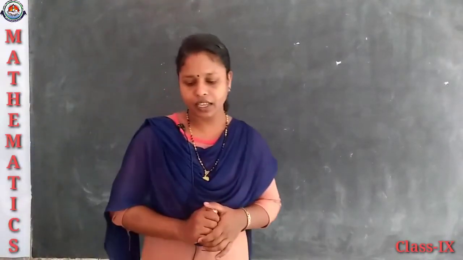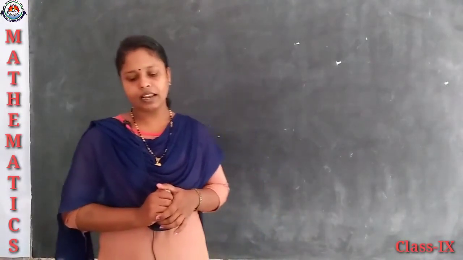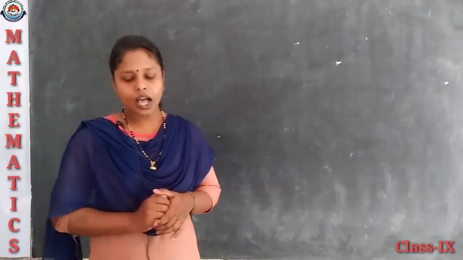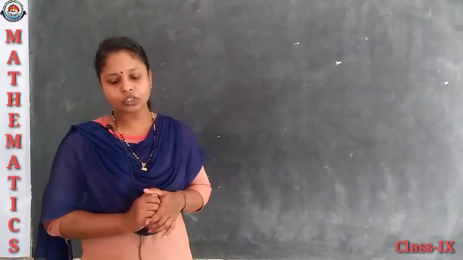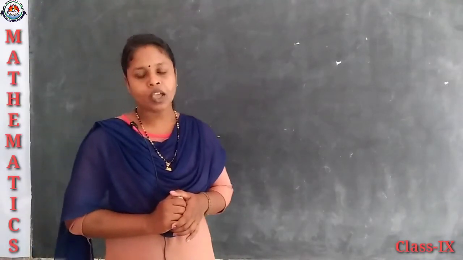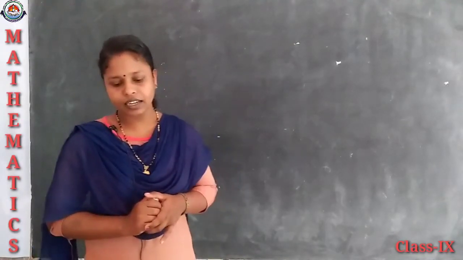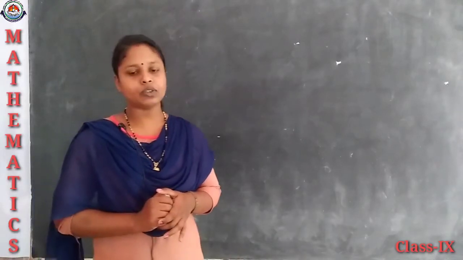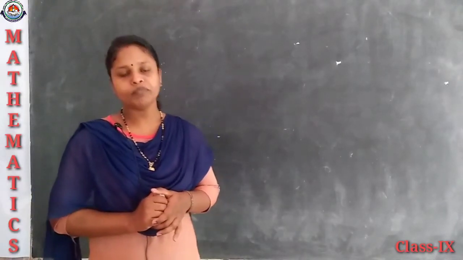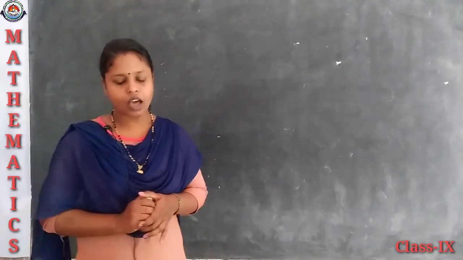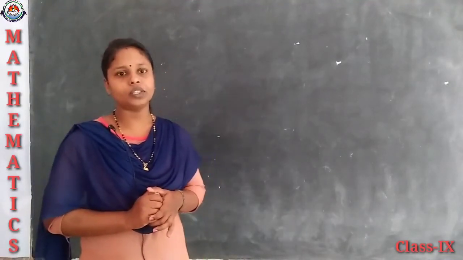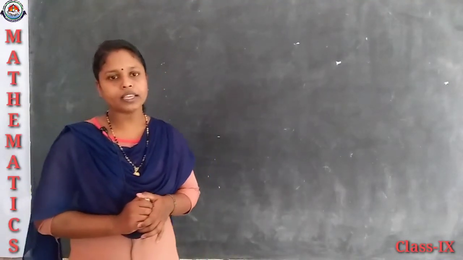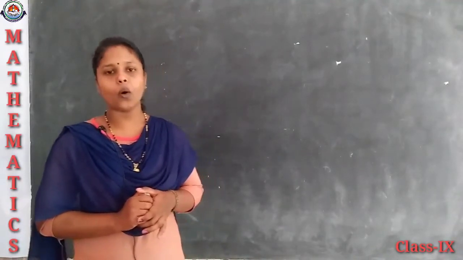Listen, in the figure, POQ is a line, ray OR is perpendicular to line PQ, OS is another ray lying between rays OP and OQ. Prove that angle ROS equal to half into angle QOS minus angle POS.